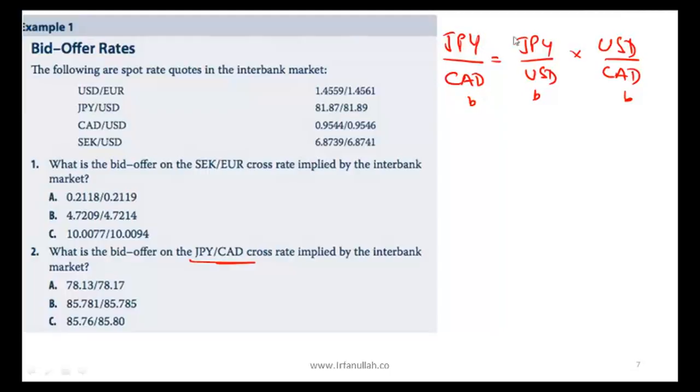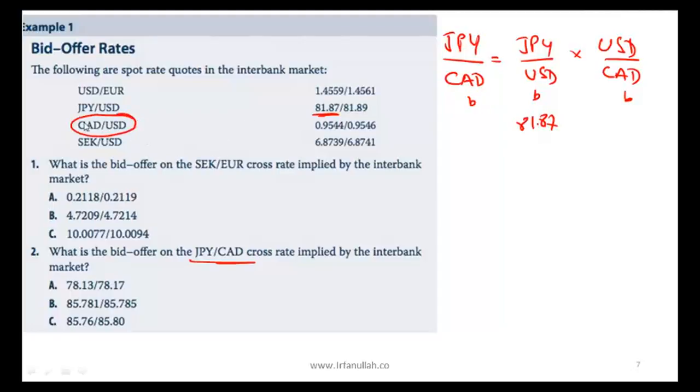No. Do we have Japanese yen to USD? Yeah. So we can actually use the 81.87. USD to Canadian dollars, that one.